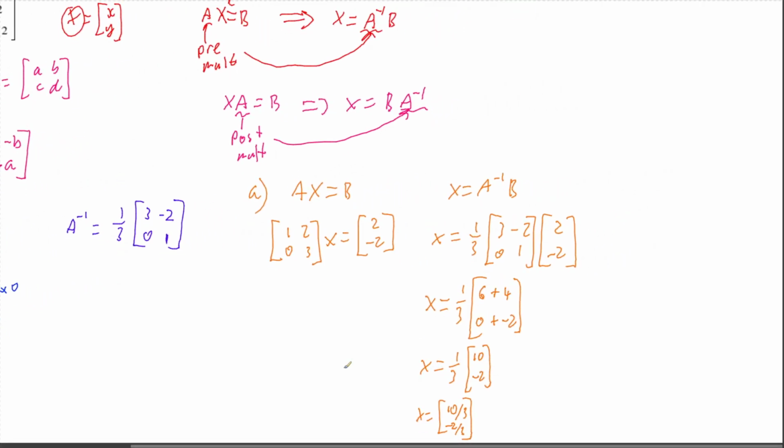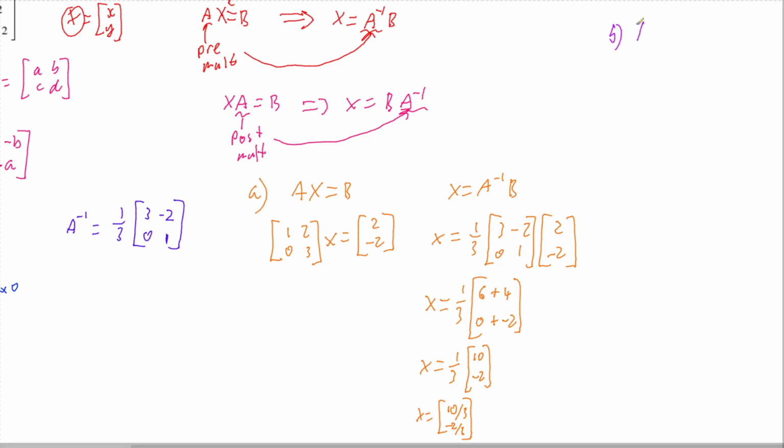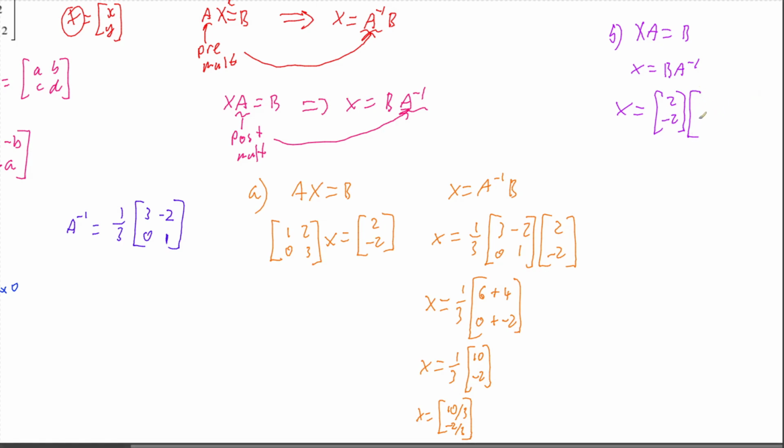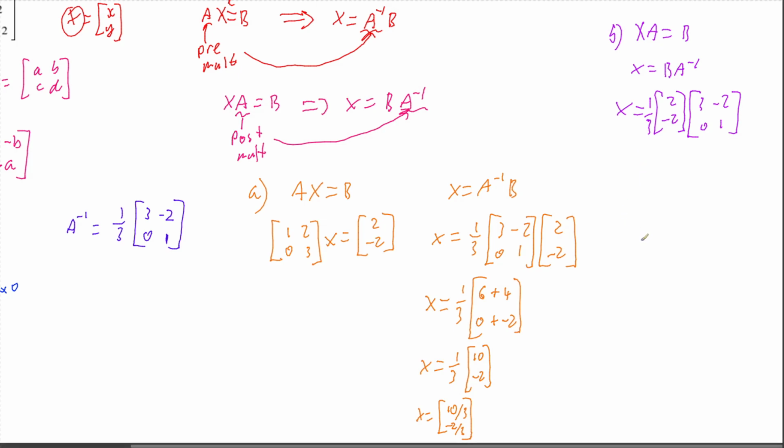For part B, that means I have X multiplied by A equals B. So we're going to have X equals B multiplied by A's inverse. So X is going to equal 2, negative 2, multiplied by 3, negative 2, 0, 1, and we'll just chuck that 1/3 out the front.